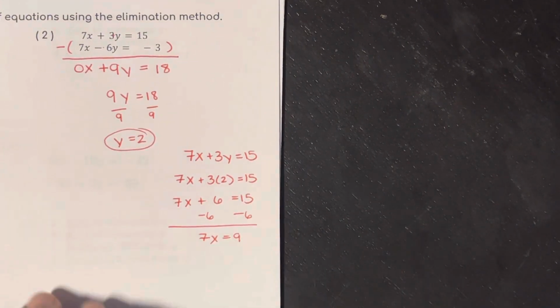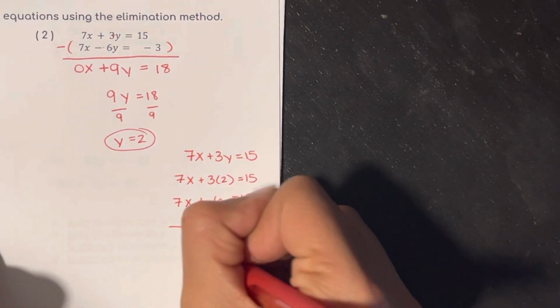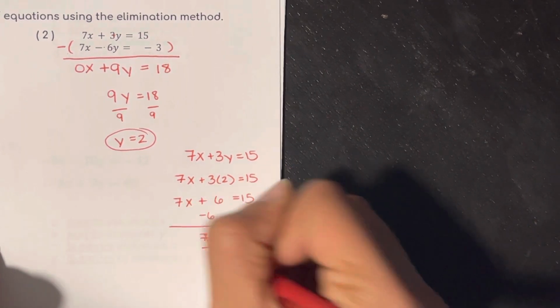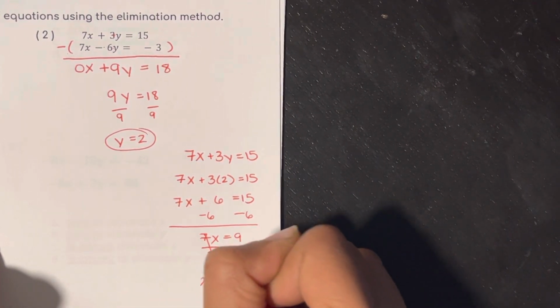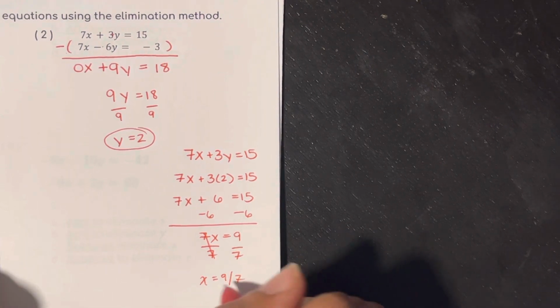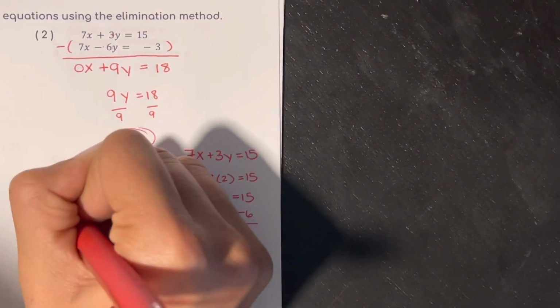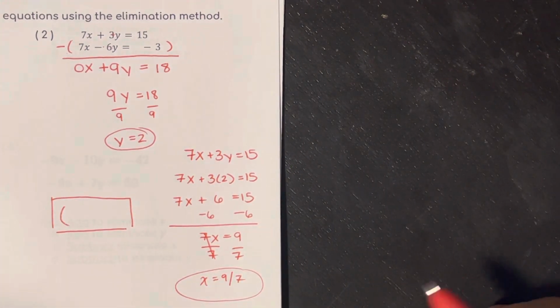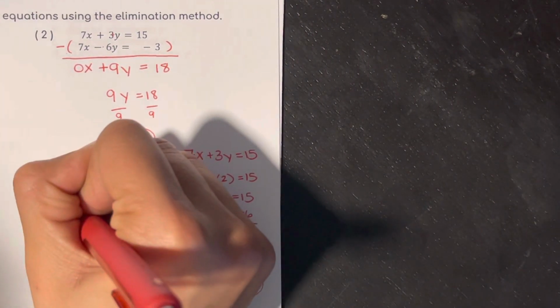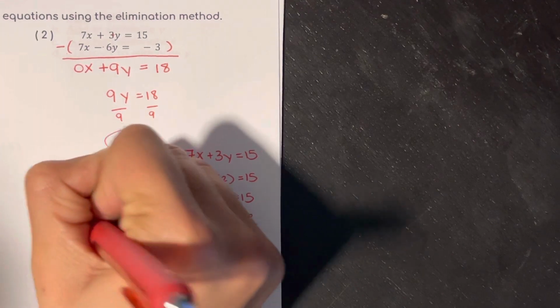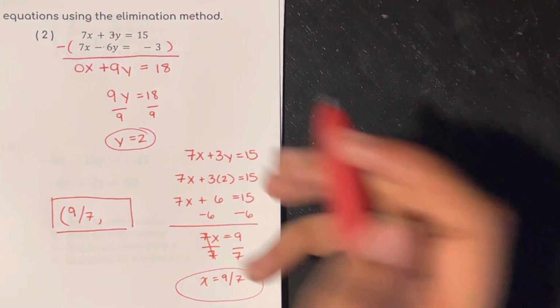And again, one of our answers is going to be a fraction, which is fine. Leaving me with the answer. My x was 9/7. My y was 2.